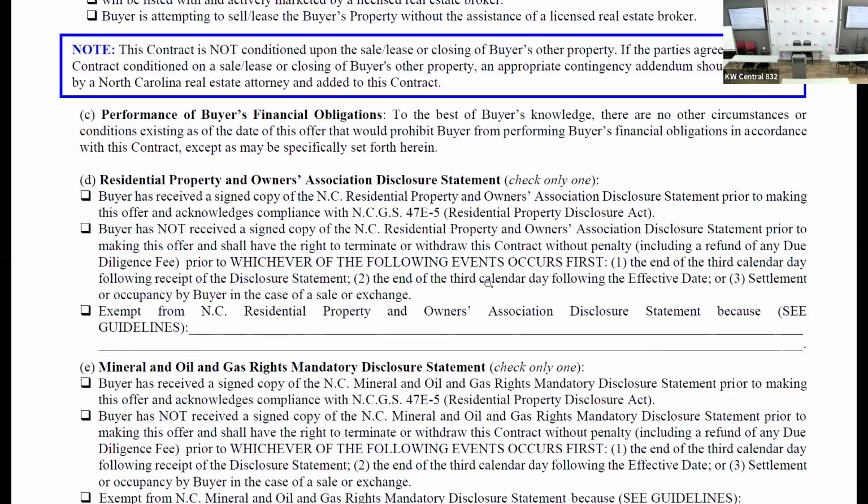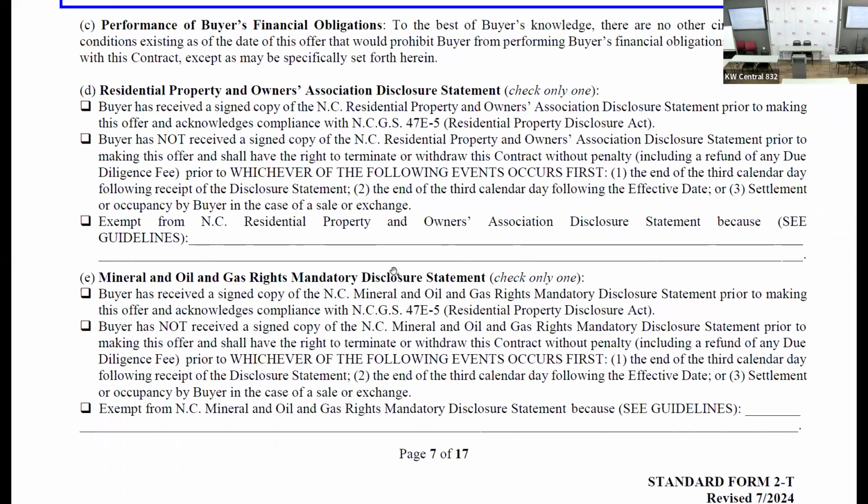Or it's exempt. So the conditions where the disclosure is exempt: court-ordered transfer, so if it's a court-ordered sale, the commissioner is the seller of the property. A borrower to lender transfer, which would be a deed in lieu of foreclosure, is not required.